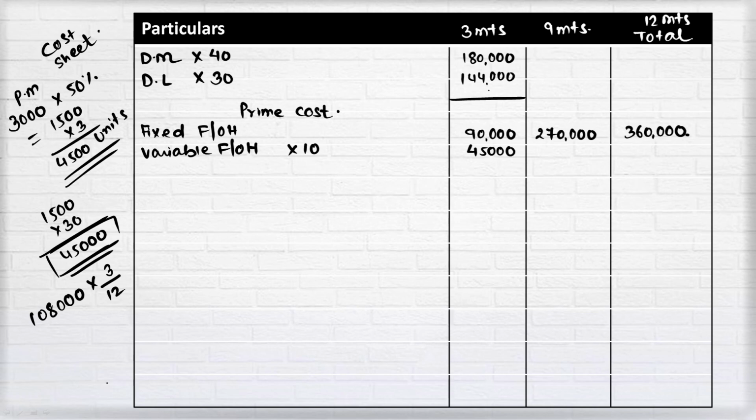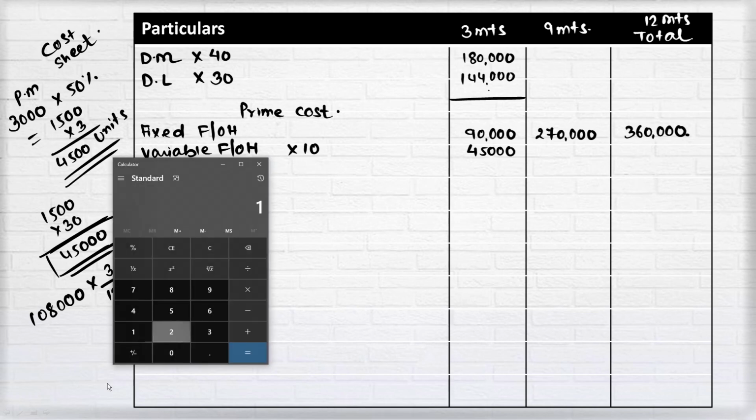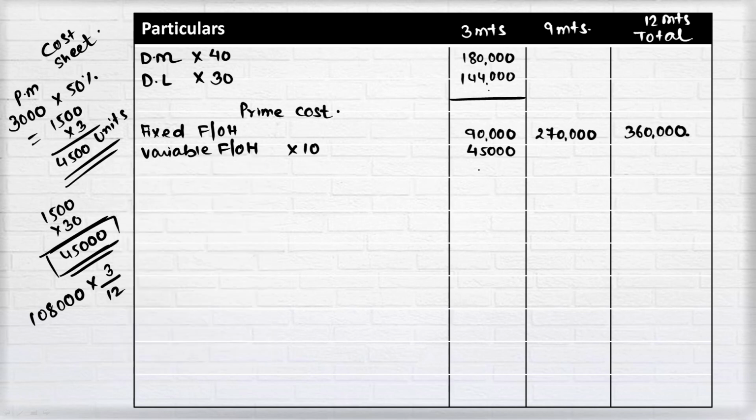As simple as this. It is 27,000. This is semi-variable, but they all are factory overhead.